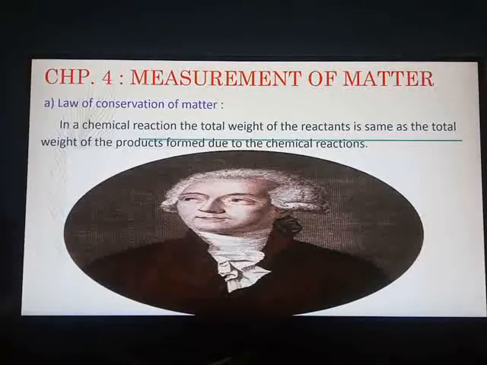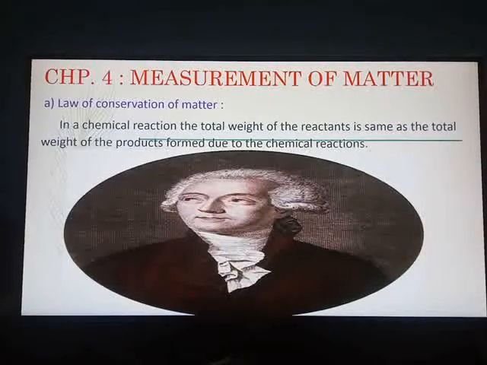So the first law of chemical combination which we are going to study is law of conservation of matter. Now, who has discovered this law? In 1785, the French scientist Antoine Lavoisier, you can see I have displayed his photo here.